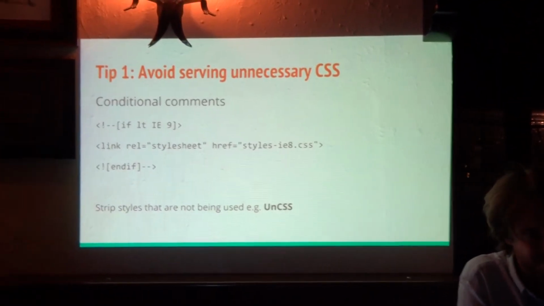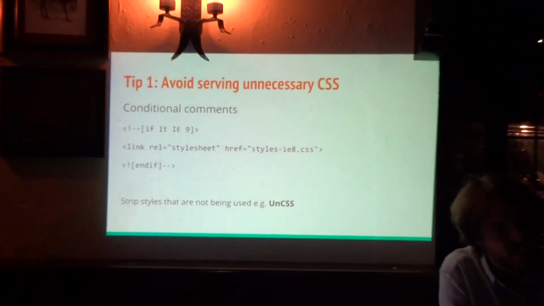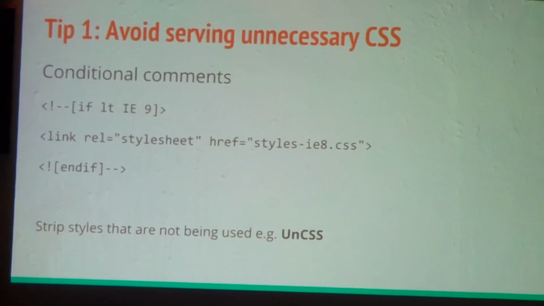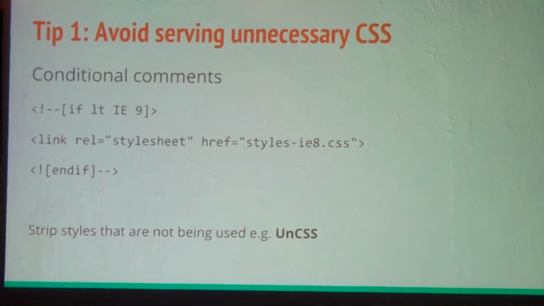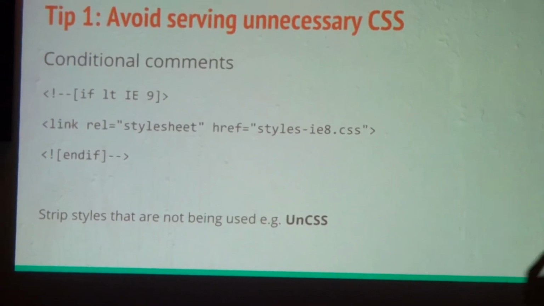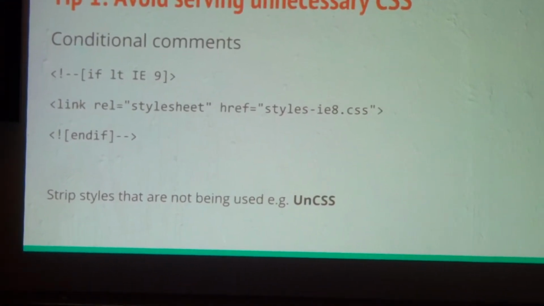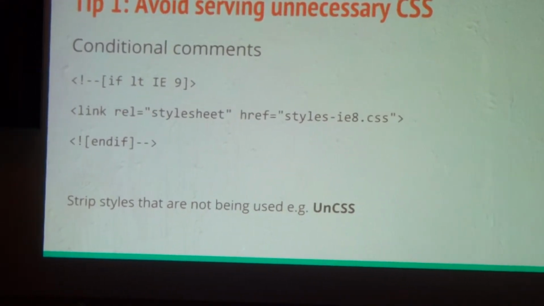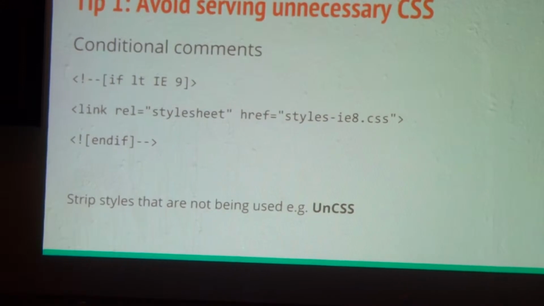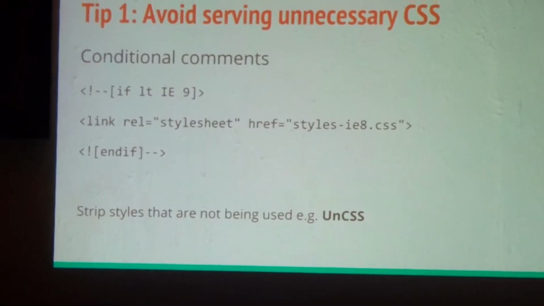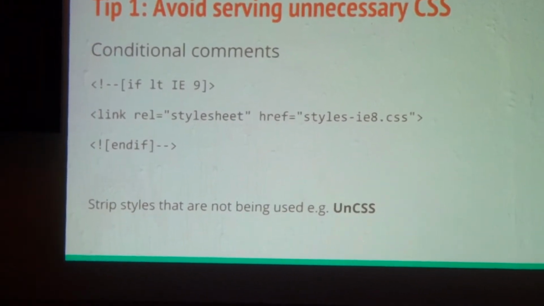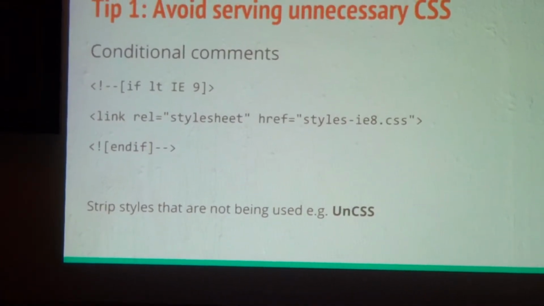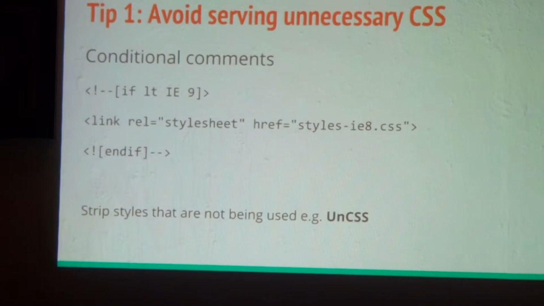So tip 1: it's important to avoid serving unnecessary CSS. I'm sure you've all probably seen this sort of syntax, which means that you can take all of your CSS and split it into content that's aimed at different browsers. Certain browsers are not going to support certain CSS rules, like transitions or any CSS3 stuff. IE9 probably won't support that, or anything below.